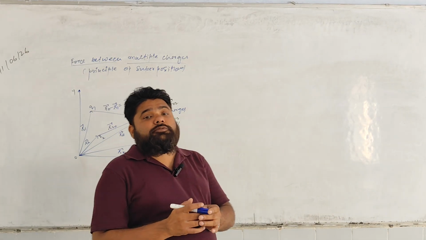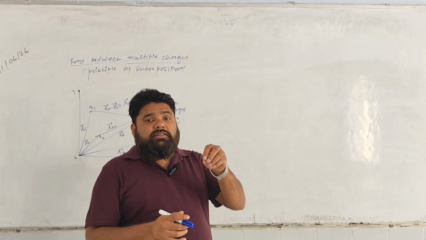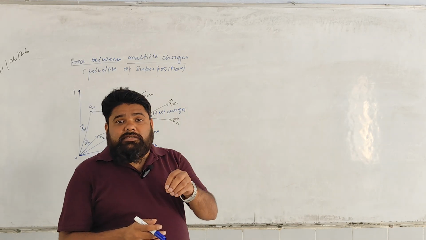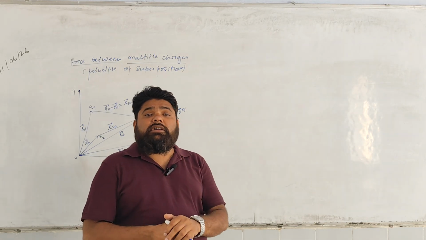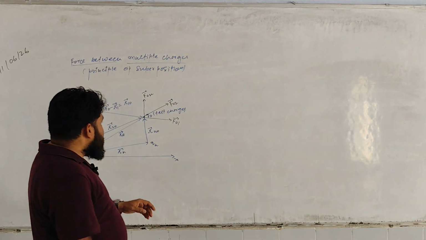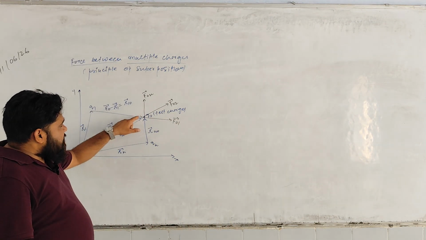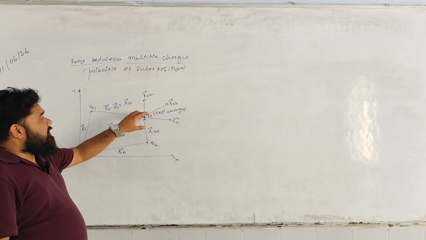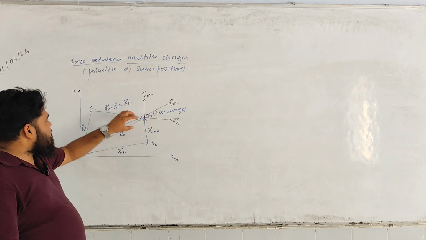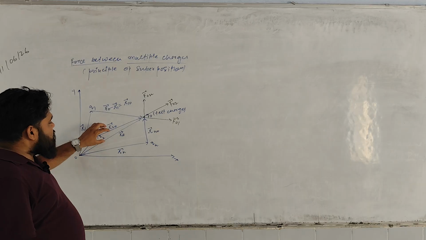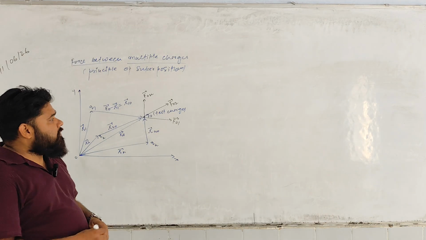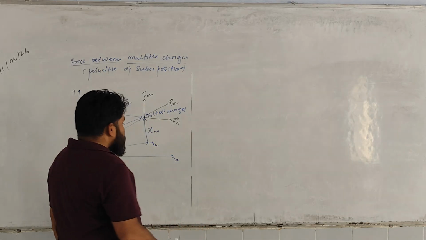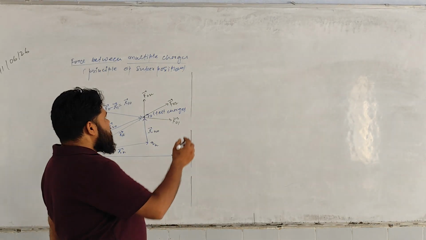According to the principle of superposition, when multiple forces act on a single point, the net force must be equal to the vector sum of the forces exerted by the individual charges. That means the net force on the point charge q0 must be equal to the vector sum of the forces exerted by q1, q2, q3 up to qn. So let's find the force due to each one individually.